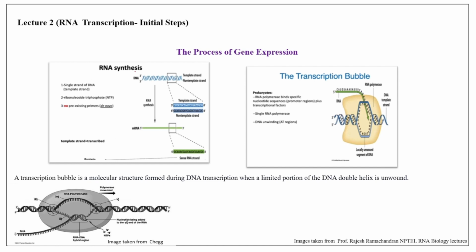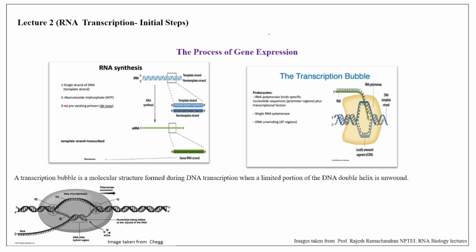So this is, you can see, just a general overview of the RNA transcription process. This is the double-stranded DNA. Now, one important difference between replication and transcription is that in replication, both the DNA strands are involved in the replication process, whereas in the case of RNA transcription, only one of the strands is responsible for the transcription process.